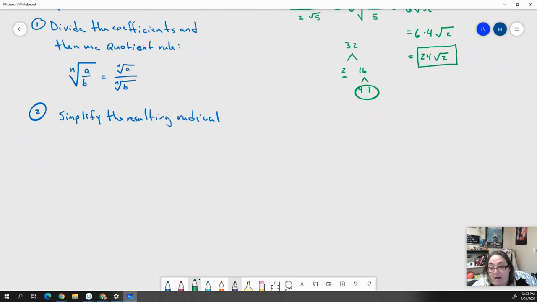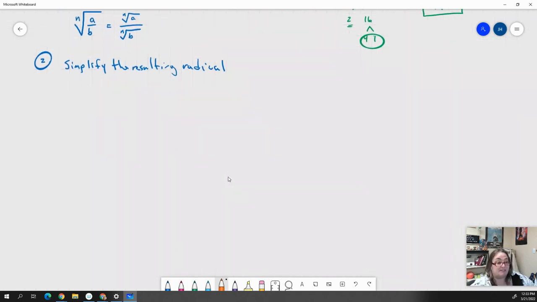If I have a similar problem, but say it's all variables, my favorite kind of problems actually when we're dealing with division of square roots or radicals are always anything with just variables, because I think they're the easiest problems to do.